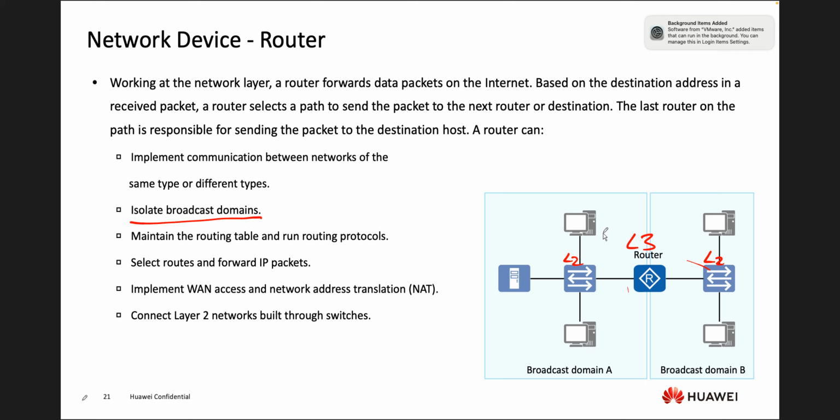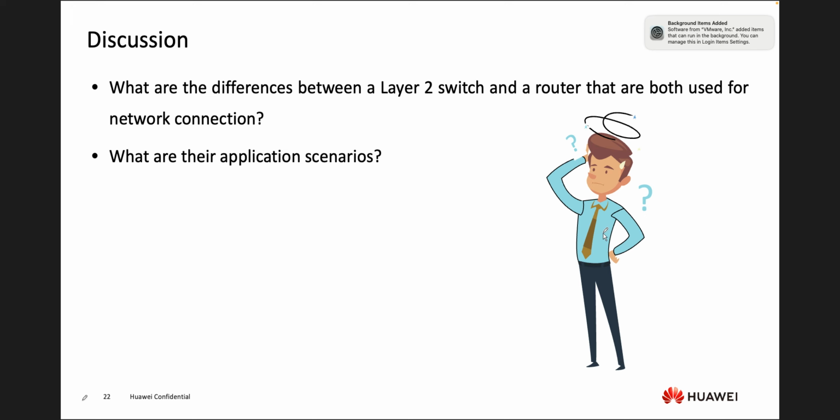Right, so now that we've seen the two approaches, what are the differences between a layer 2 switch and a router? Because they're both used for network connection. From a layer 2 perspective, the switch just works on the MAC address.